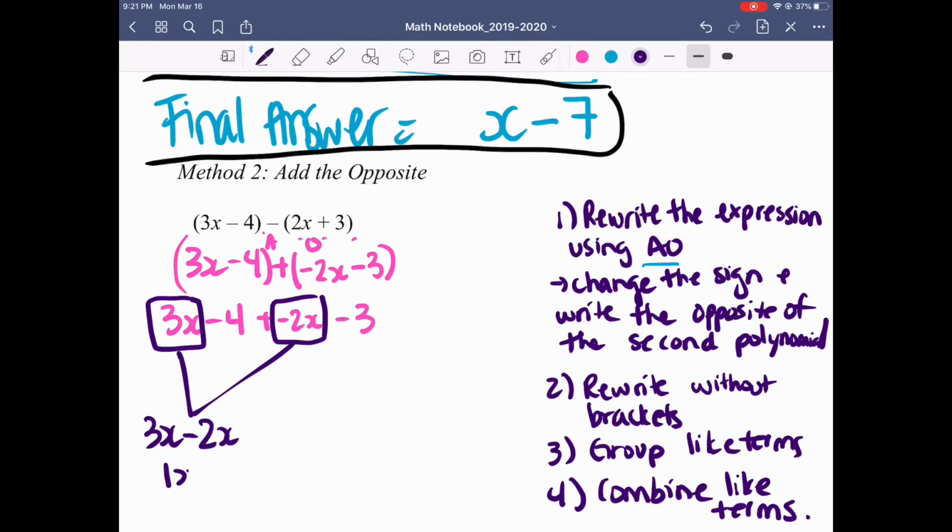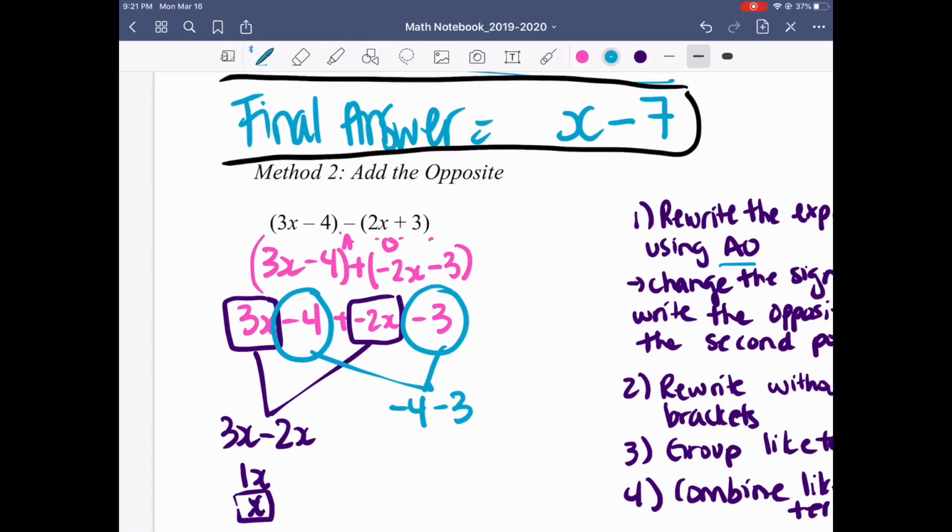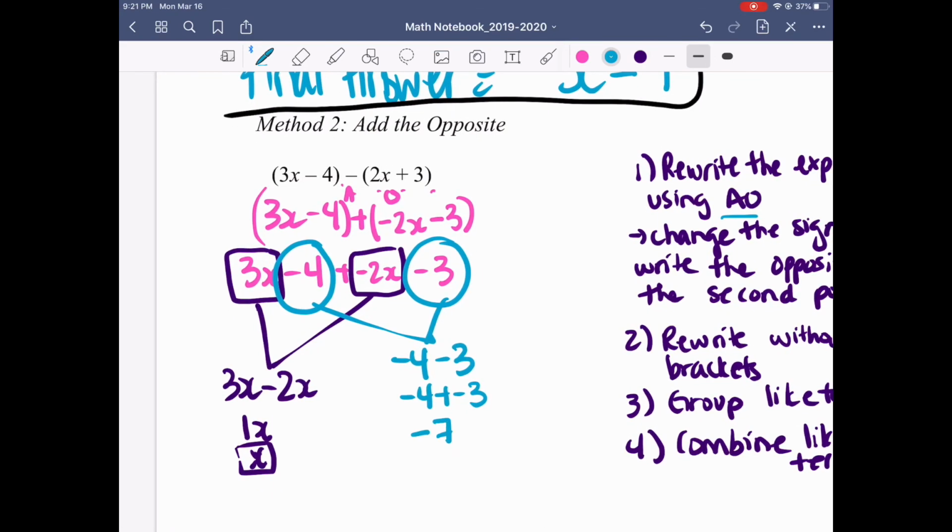We're left here with 1x, or just x. And then for this, we have negative 4 and negative 3. We group them and combine them. Negative 4 minus 3. Whenever you have subtraction, you should be doing AO. So negative 4 plus negative 3 is negative 7.